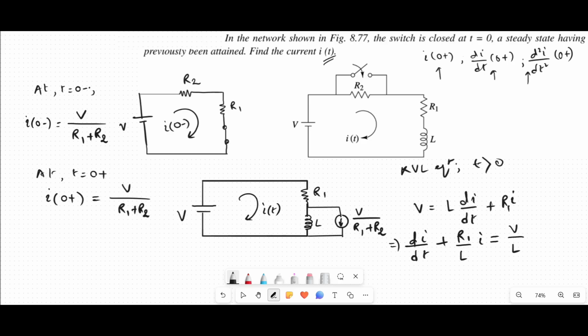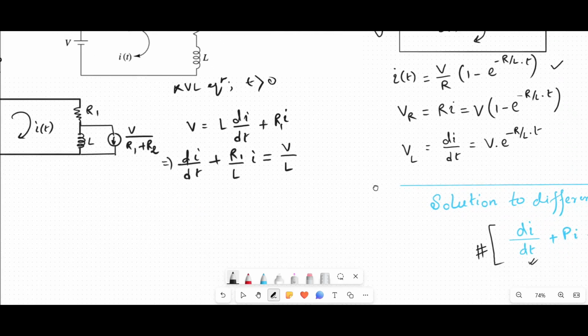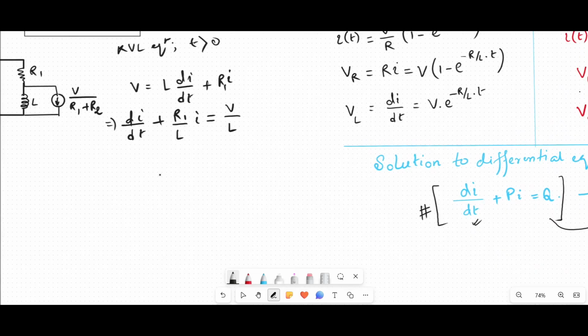Now this is in the format of, as we have discussed here, di/dt plus P into I equals Q. So here we have the value of P as R1 by L and the value of Q as V by L, right?